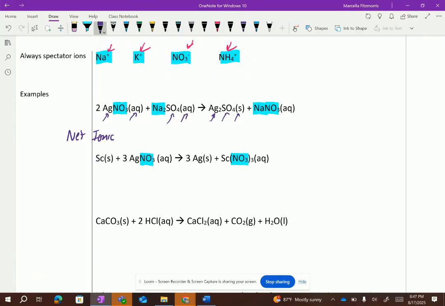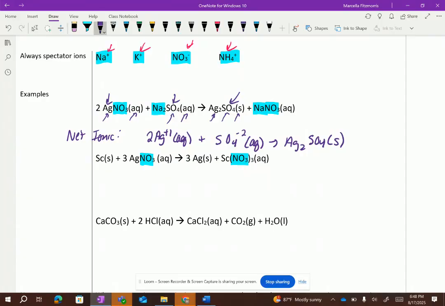If I can recognize the spectators right away, I can jump straight to the net, which is 2 Ag, which had a +1 charge, that was aqueous, coming from there. This 1 SO4, well, I don't have to write the 1 in front. SO4, that's a -2 charge, it's aqueous, and it forms this Ag2SO4, that's a solid.